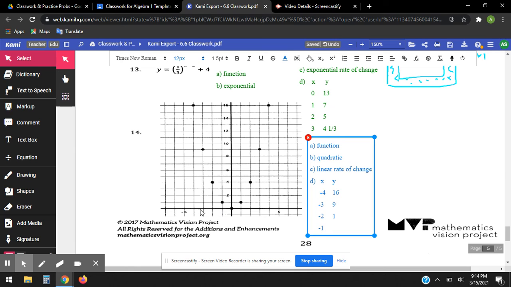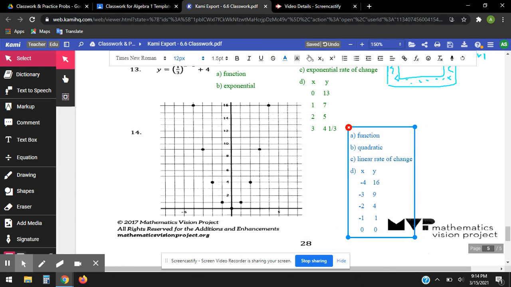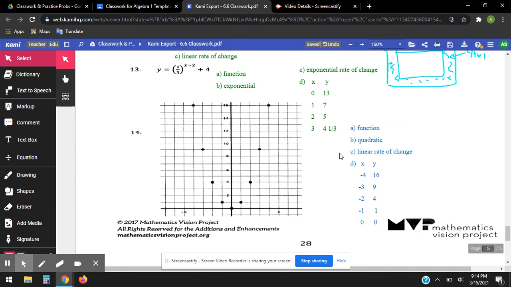Oh, wait a minute. 4, 3, 2 is at 4. -1 is at 1. And then 0 is at 0. We have a spot at the origin, don't we? All right. And we can keep going if we really want to, but I'm running out of space. So we're going to slow it down right there and just stop there.